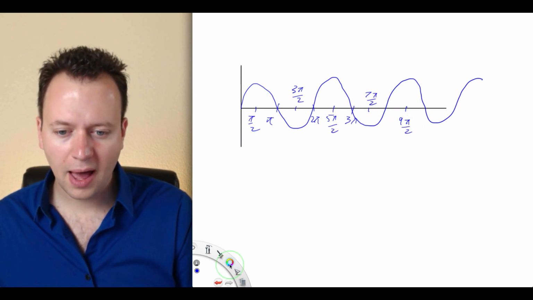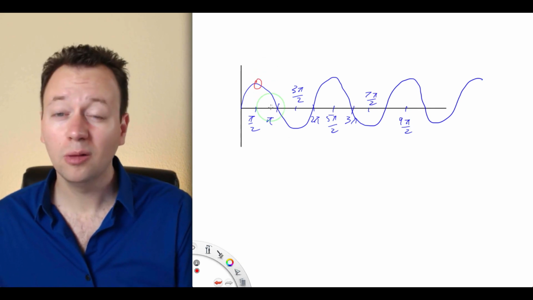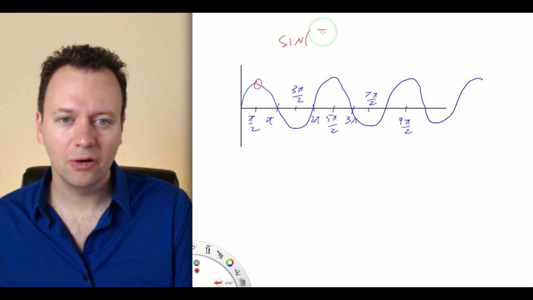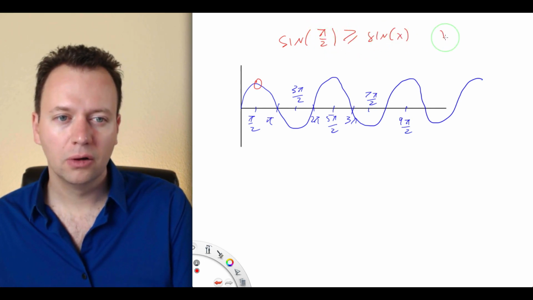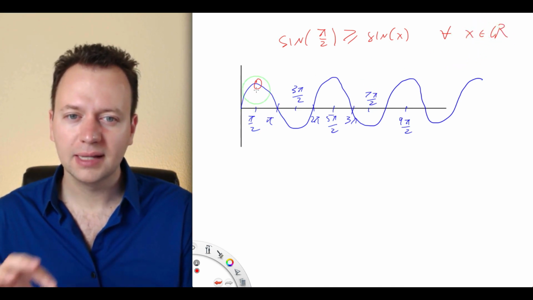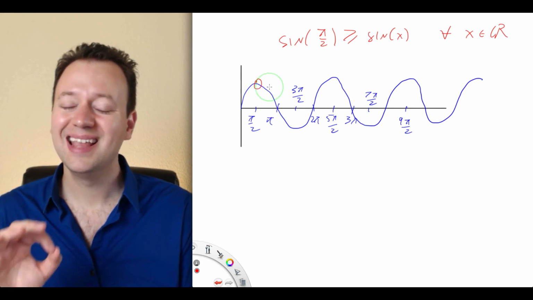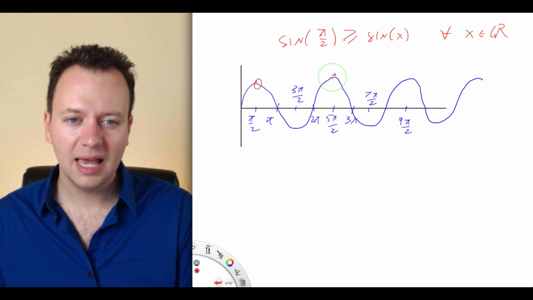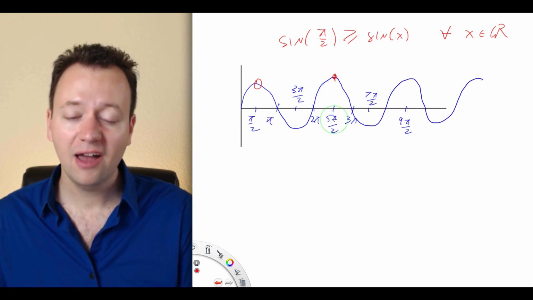So at pi over 2, we have the global maximum because sine of pi over 2 is greater than or equal to sine of x for all x values in the real numbers. Sine of pi over 2 is equal to 1, and that's greater than or equal to all other outputs. But the same is true at 5 pi over 2.